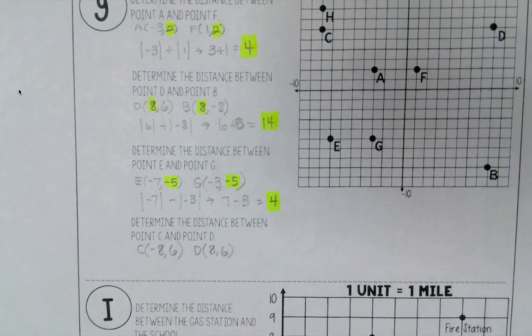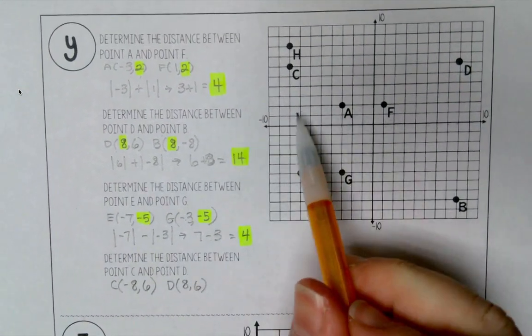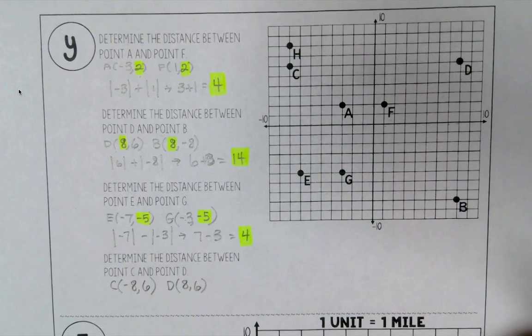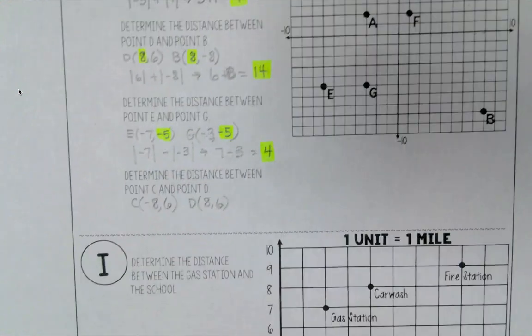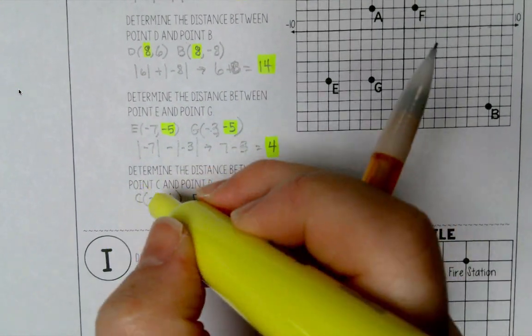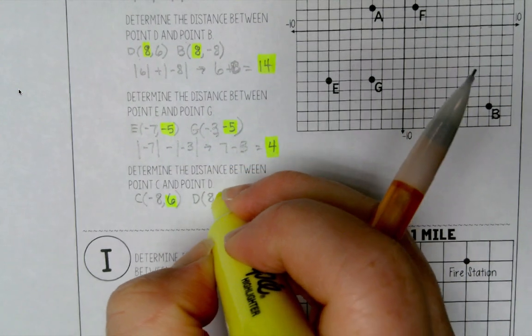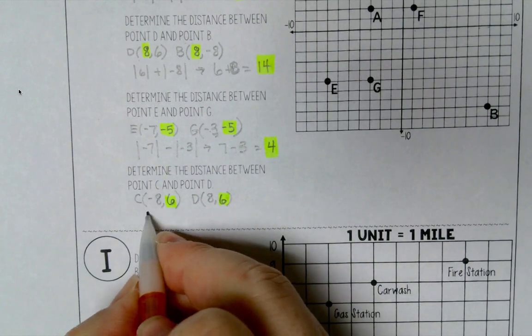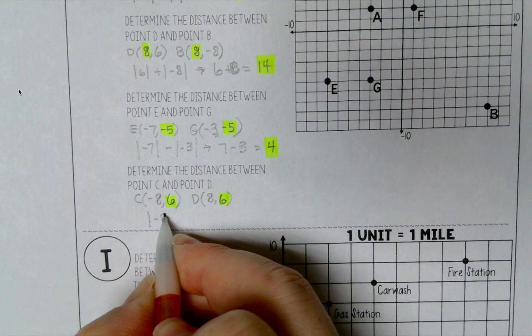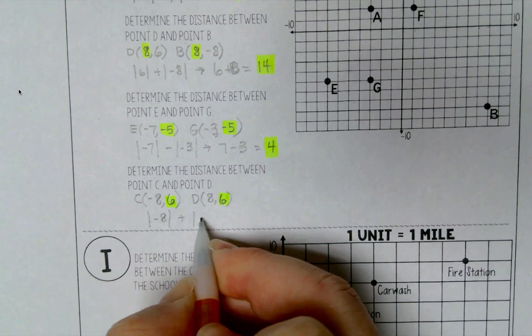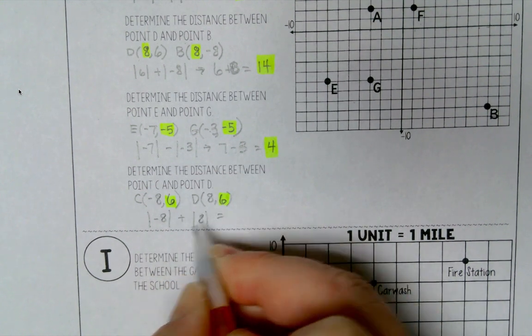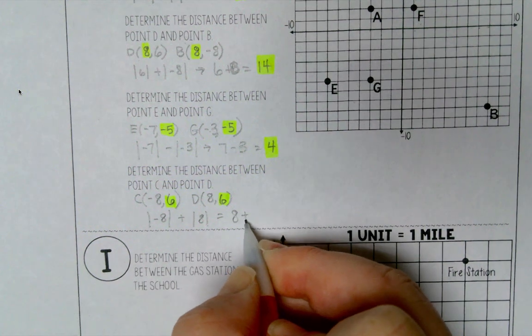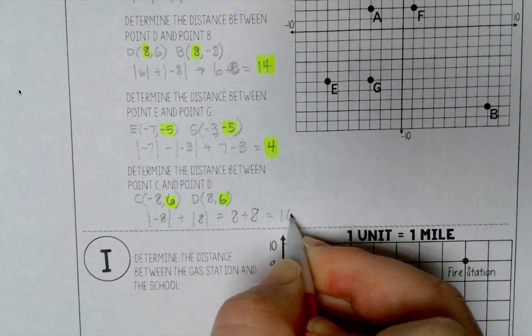Are the 2 points in the same or different quadrants? They are in different. Different means add, okay? So what is the same, my X or Y? My Y is the same, okay? So we are going to find the sum of the absolute value of my x's, which is 8 plus 8 gives me 16.